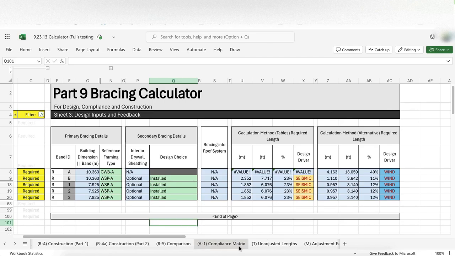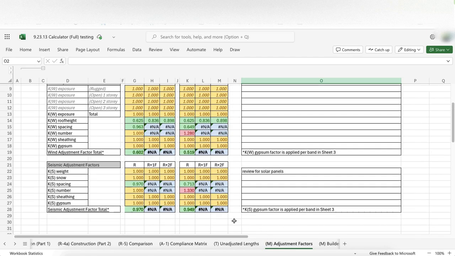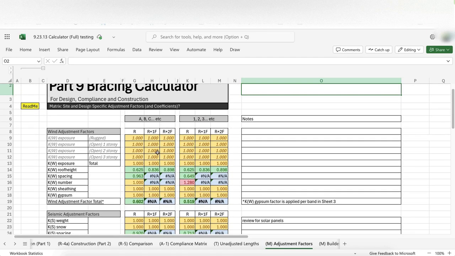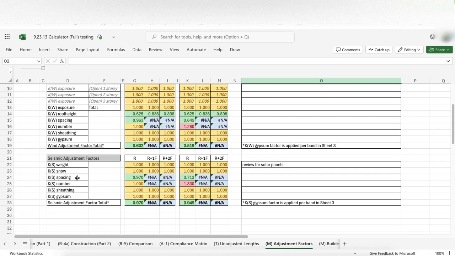While we're looking at compliance and calculations, I wanted to look at this tab, the adjustment factors matrix. I've touched on this before in one of the previous reports.